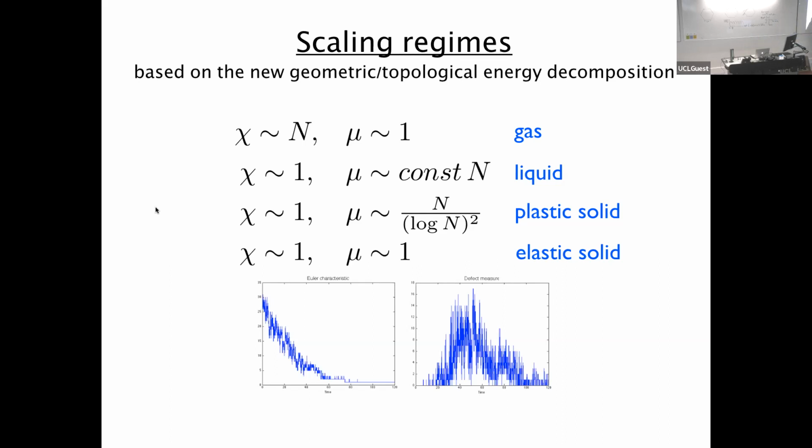But in a liquid, at least, I think the Euler characteristic should be of order 1, because typically you have a much smaller number of droplets. But then you should have many defects, order n, because typically in a liquid the configurations are not crystallized. They're moving around a lot.